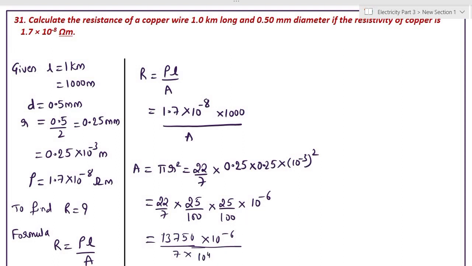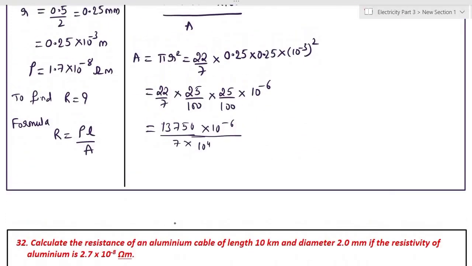Therefore, the area of cross section is 13750 divided by 7 into 10 to the power minus 10 meter square.